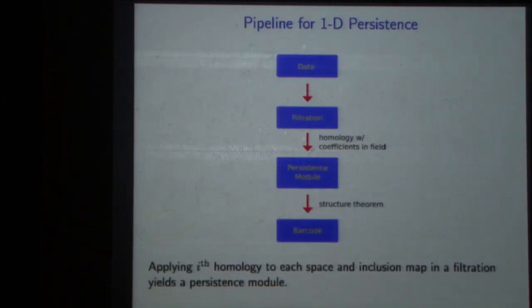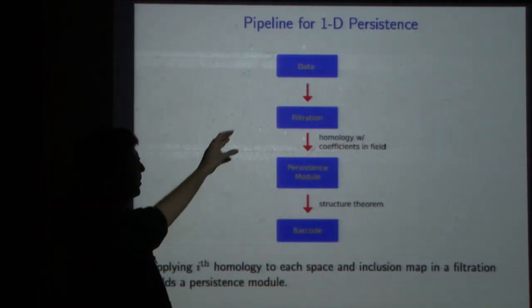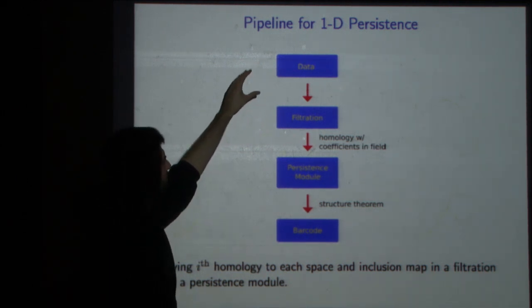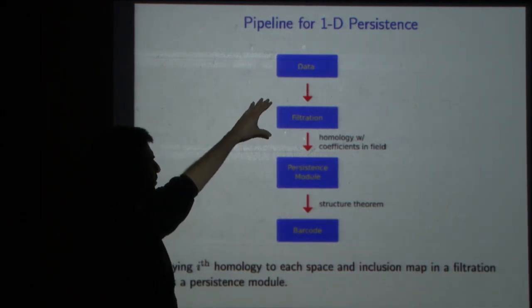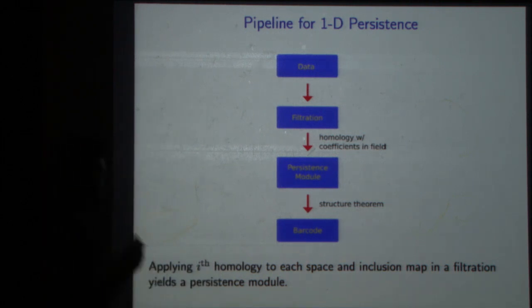like homology. So, in particular, now we've gone from a data set to a filtration, and we want to pass to a persistence module. So what we're going to do is, as I said, we're going to apply homology with coefficients in the field K. Homology with coefficients in the field K associates to each topological space a K vector space, and each continuous map of topological spaces a linear map between K vector spaces.